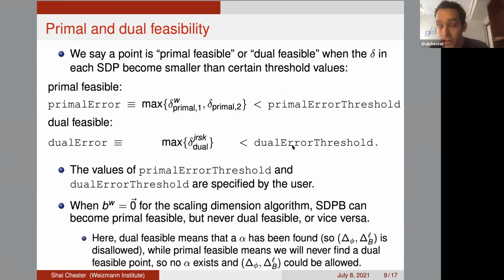Sorry, Shai, but this is not always true, right? Depends. It's possible for it to be both dual and primal feasible. Wait, sorry, you're saying for the scaling dimension algorithm? Yes, if you set b to 0 and you get primal feasible, and then the primal objective happens to be negative, then it implies that it cannot be dual feasible.